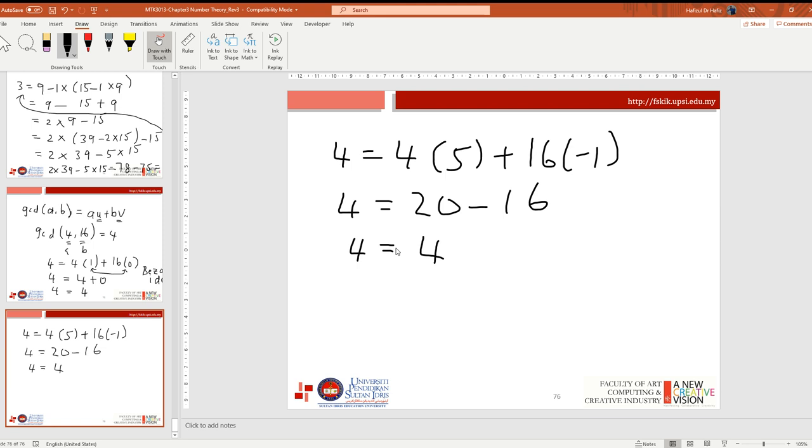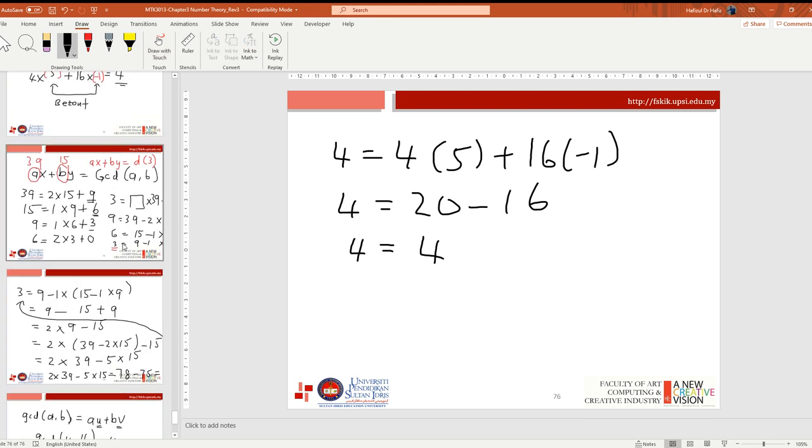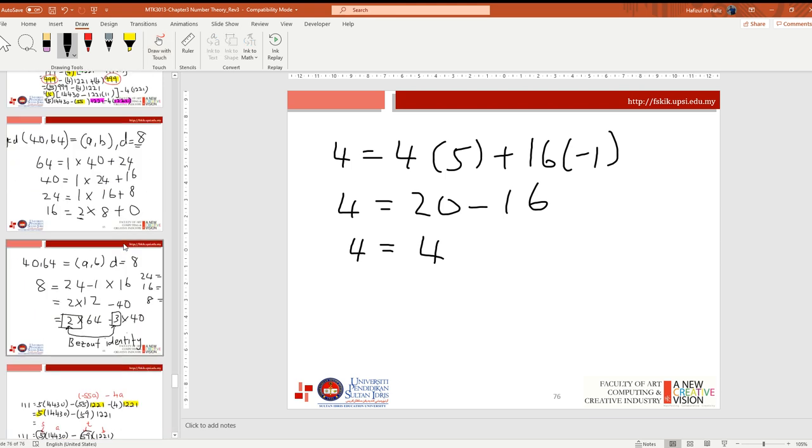Dia mesti any non-zero integer A and B lah. Okay, yang kita dah tengok tadi untuk Bezout identity. Okay. Untuk Bezout identity tadi, dia kata apa?